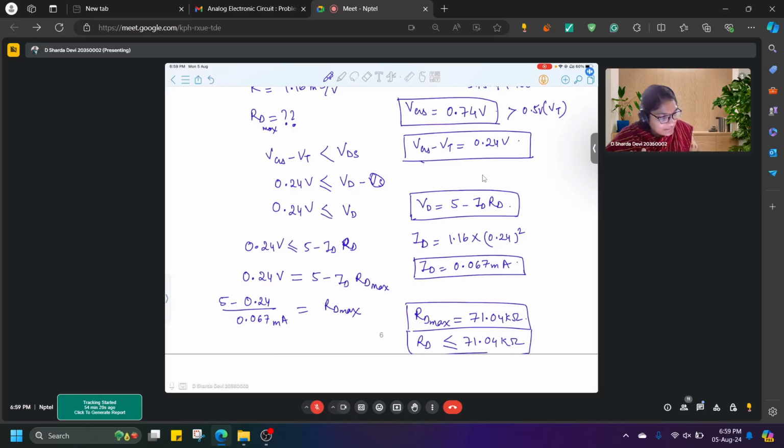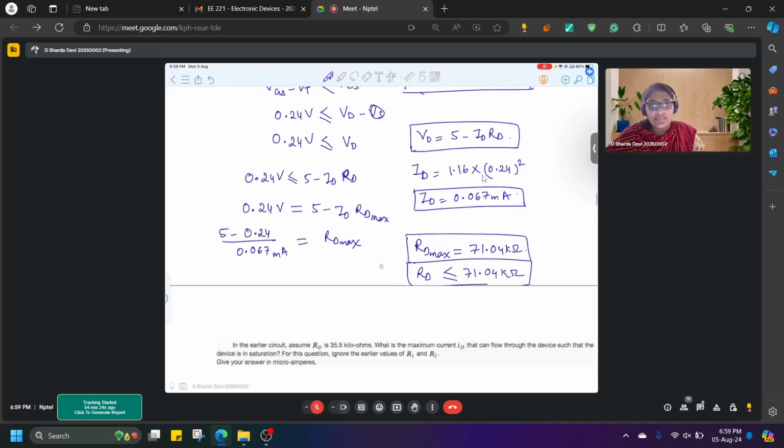Is it clear? Anyone has any doubts in this? Hope there are no doubts. Just in case you have any doubt in the solution, please ask.